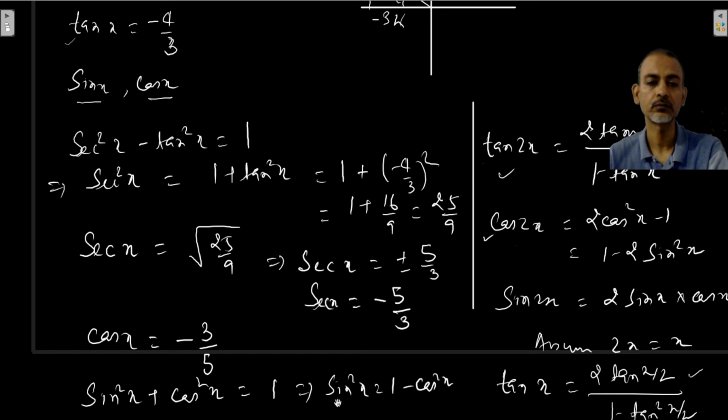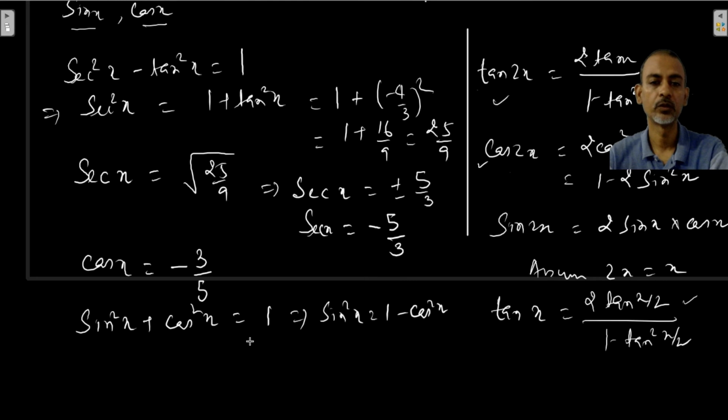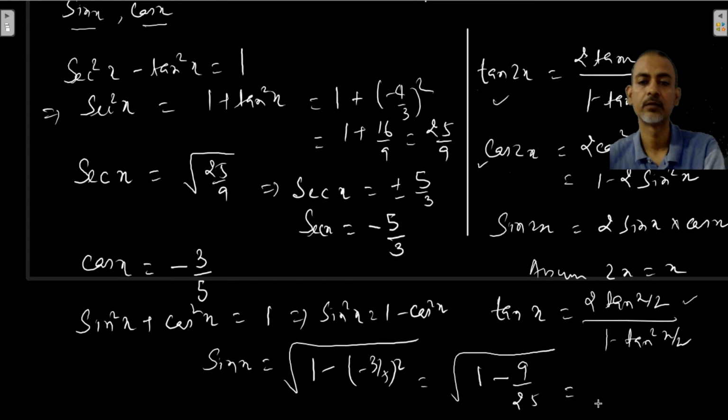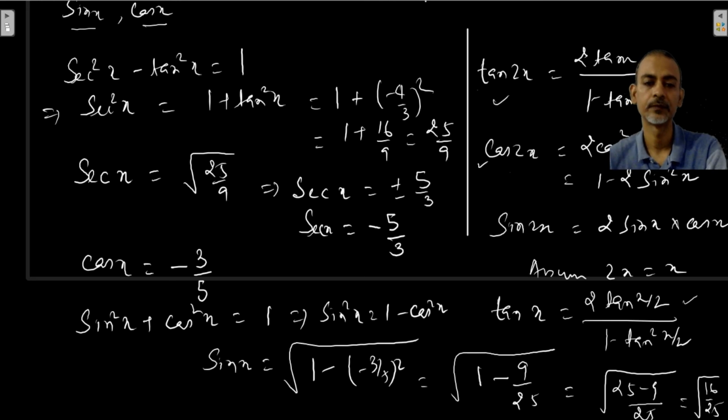Alright. And I am going to put this value. So I'll get sin x equals square root of 1 minus 3 by 5 whole square, and that will become 1 minus 9 by 25, which is 25 minus 9 by 25, and that is nothing but 16 by 25, right?